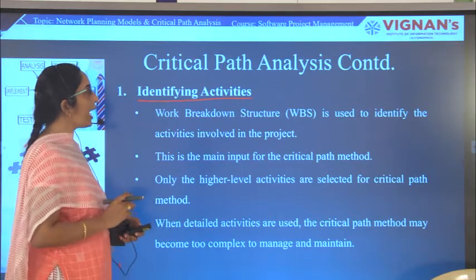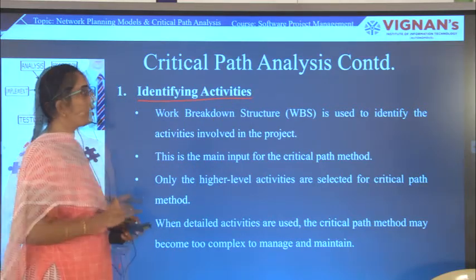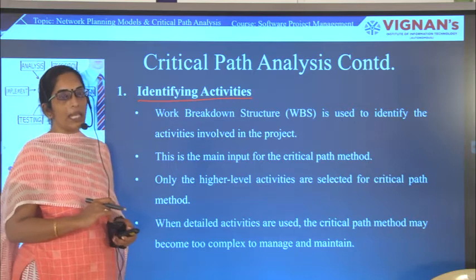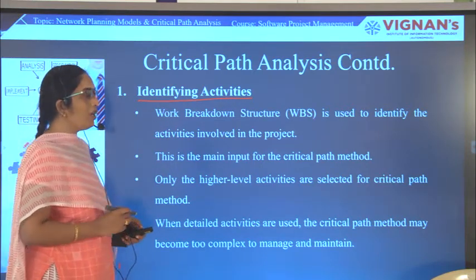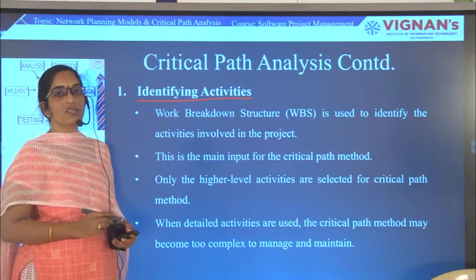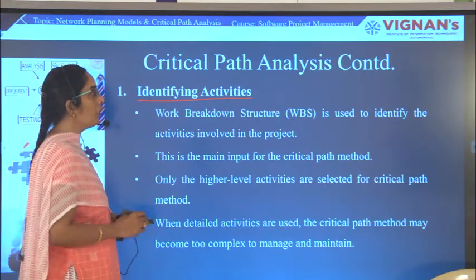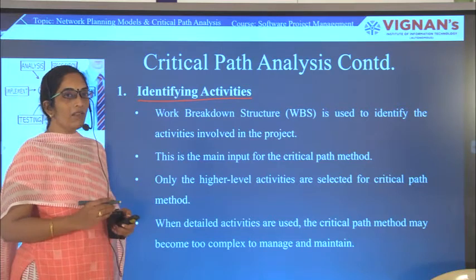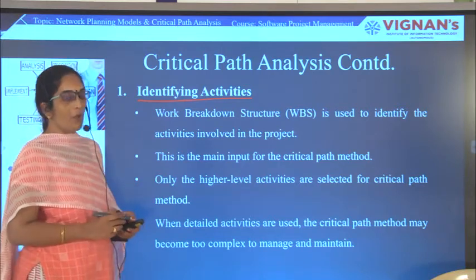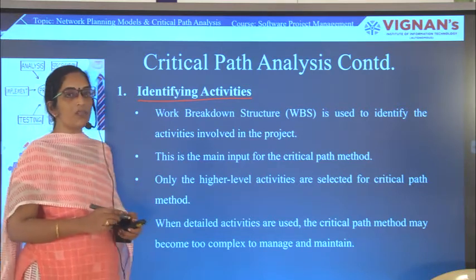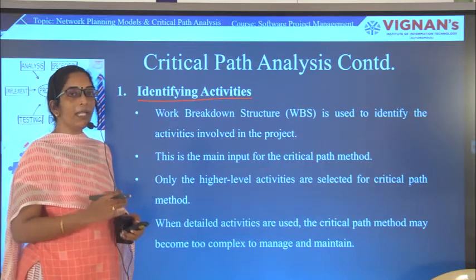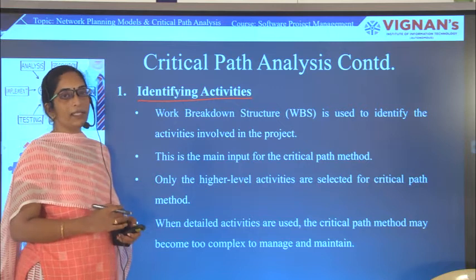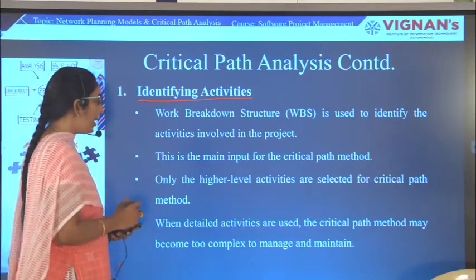Now let us move to the first step, identifying activities. This is the first step used in critical path analysis. Here, we make use of the work breakdown structure to identify the activities involved in the project. Through this we get some activities, and that will act as the main input for this method.